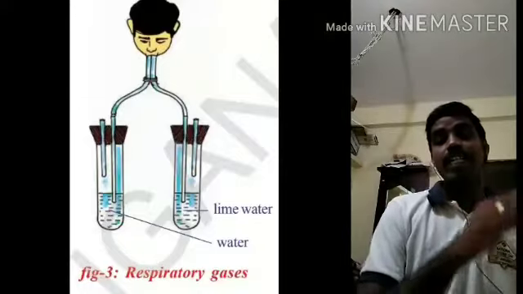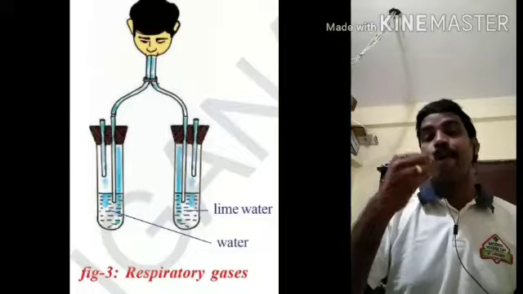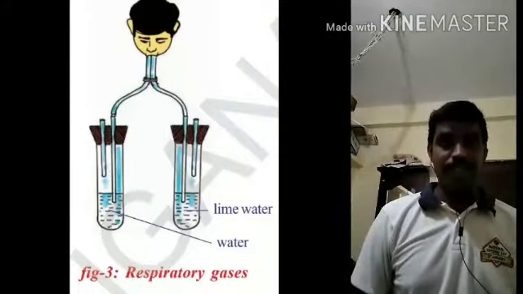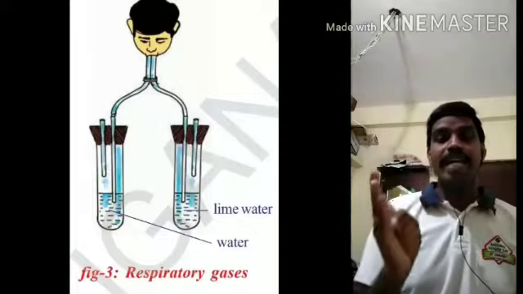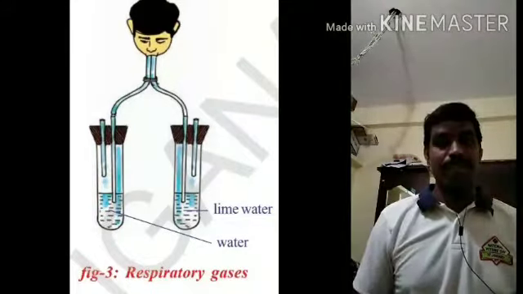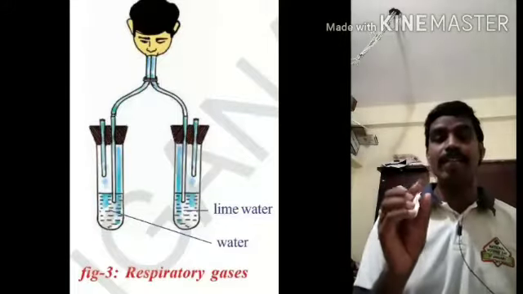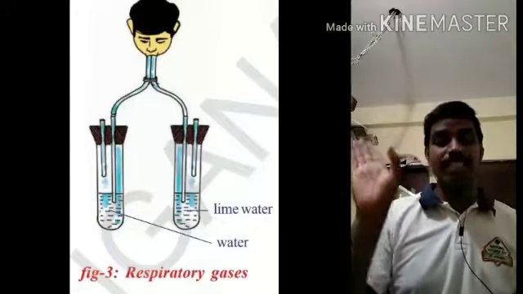So lime water turns milky white when exhaled air passes into it. We can conclude that carbon dioxide is produced in our respiration, so there is more carbon dioxide in our exhaled air. This is what we can conclude from this activity.